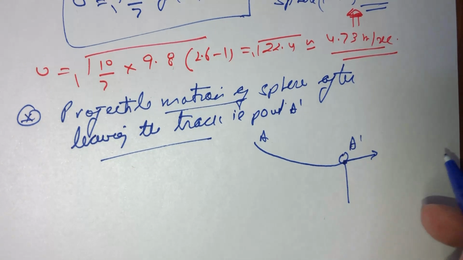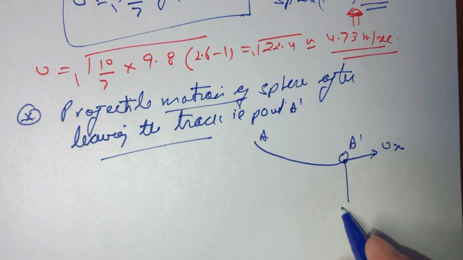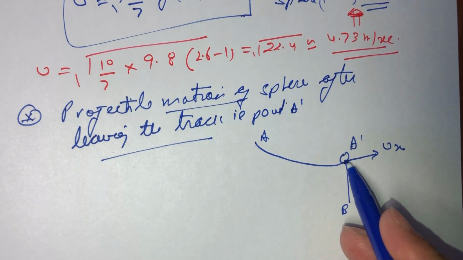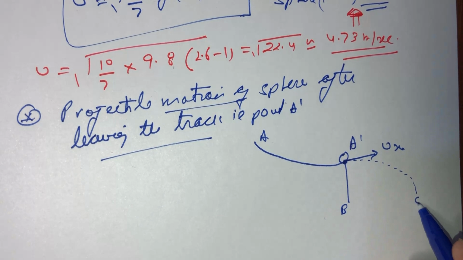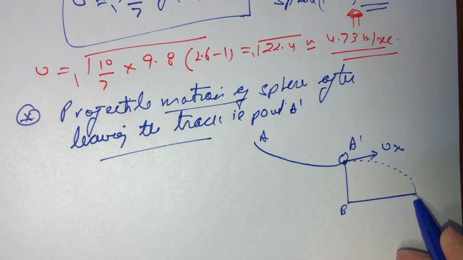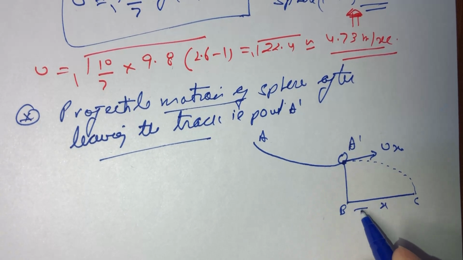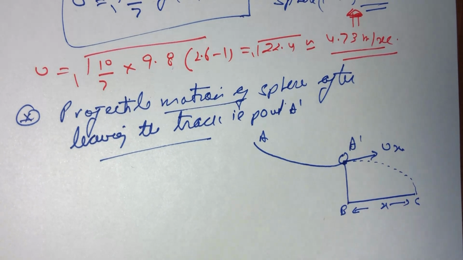Let us call that Vx, and this is point B, and it is going to follow the path something like this, and let us suppose it strikes C, which is at a distance of x from point B, and we are supposed to calculate this x.